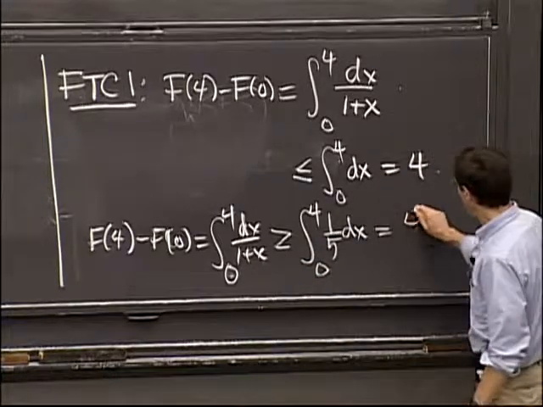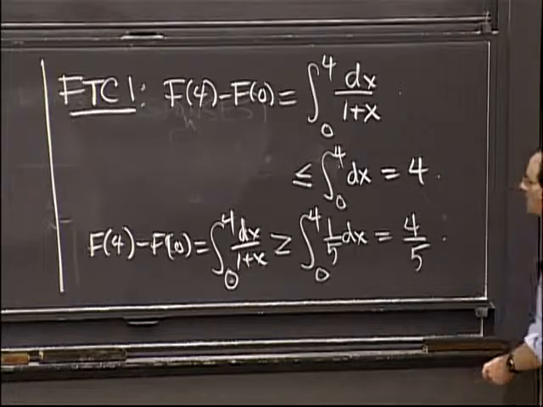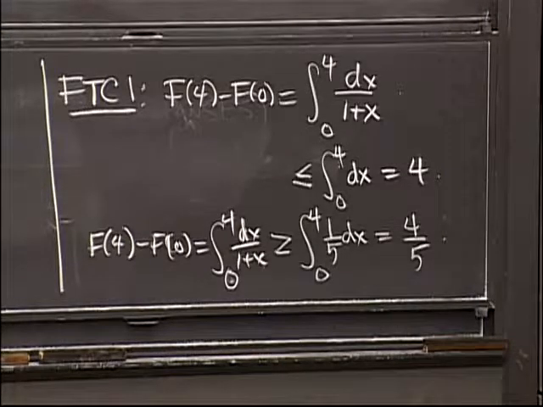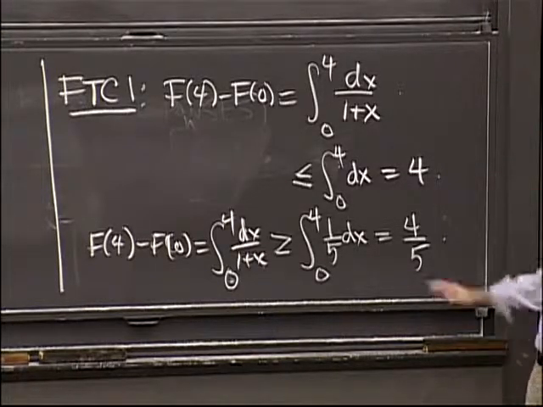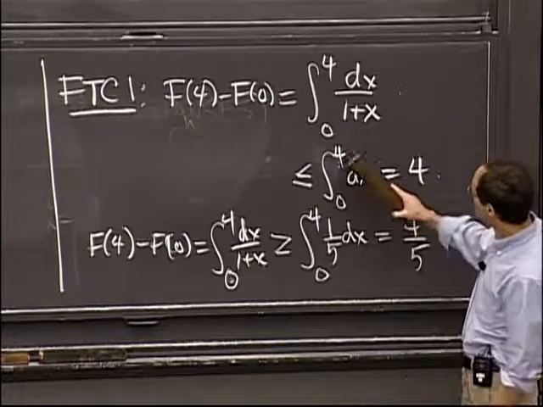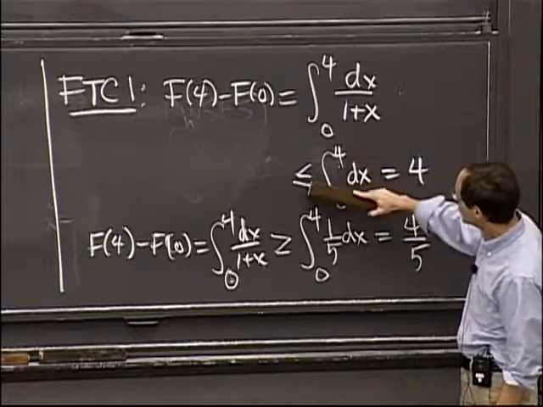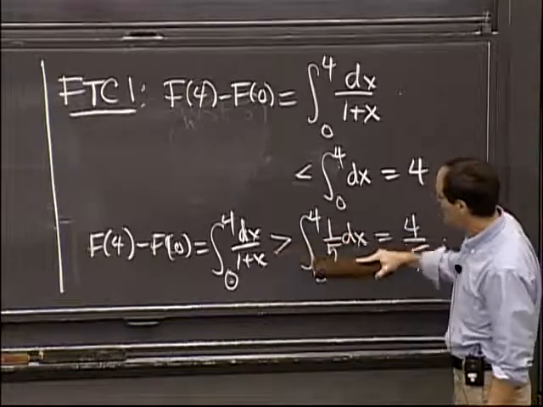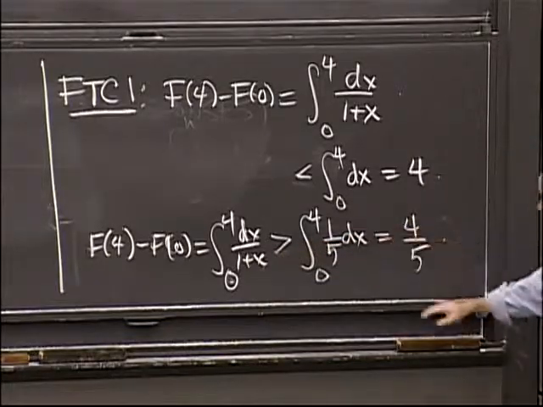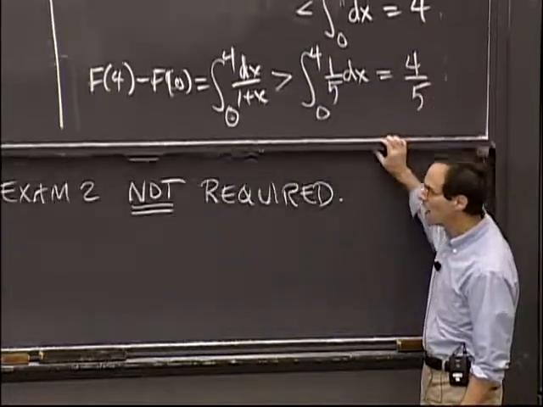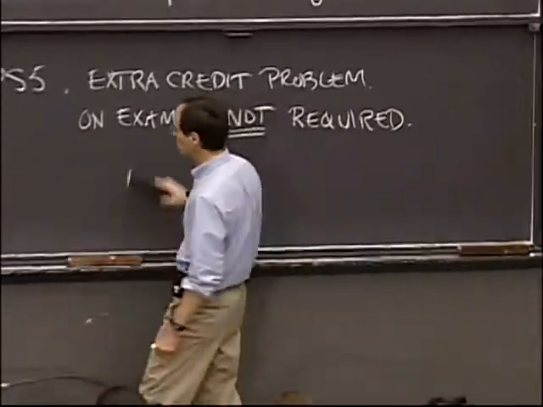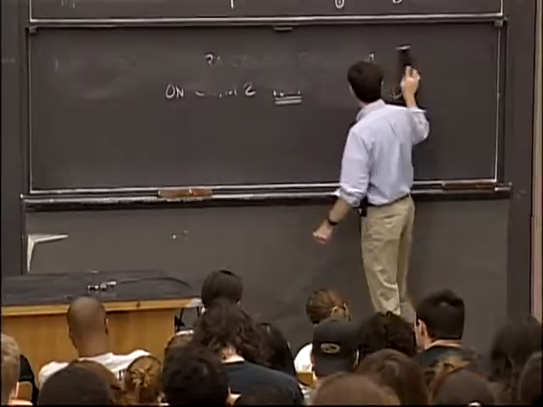And that's equal to 4/5. Now there's a little tiny detail, which is that really we know that this is the area of some rectangle, and this is strictly smaller, and we know that these inequalities are actually strict. But that's a minor point, and certainly not one that we'll pay close attention to.